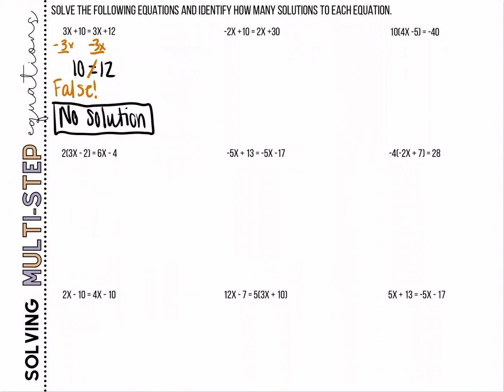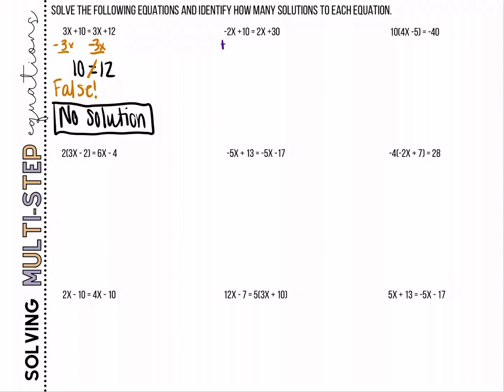Okay, so then I have negative 2x plus 10 equals 2x plus 30. First thing we're going to do is move one of the variables. You can move any of them, it doesn't matter. You just have to be mindful that you want the variables on one side and the numbers on the other.